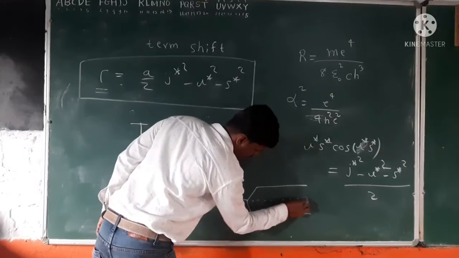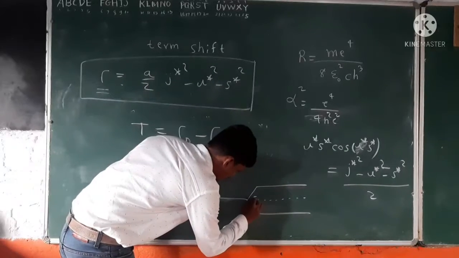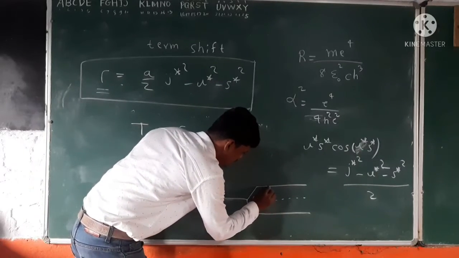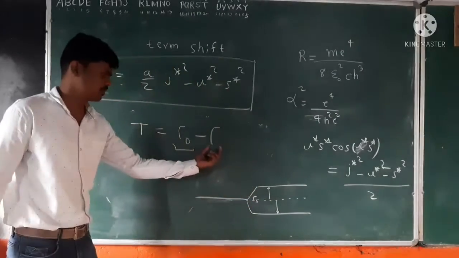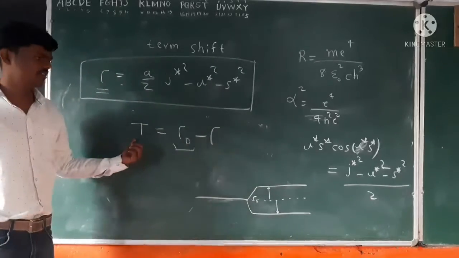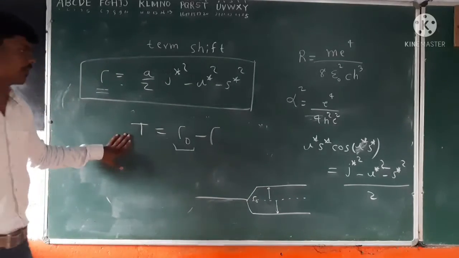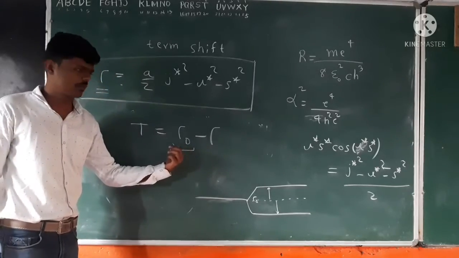So a central line is nothing but a hypothetical center of gravity, tau naught. This shift in energy level is nothing but the term shift. So this is the resultant term value.